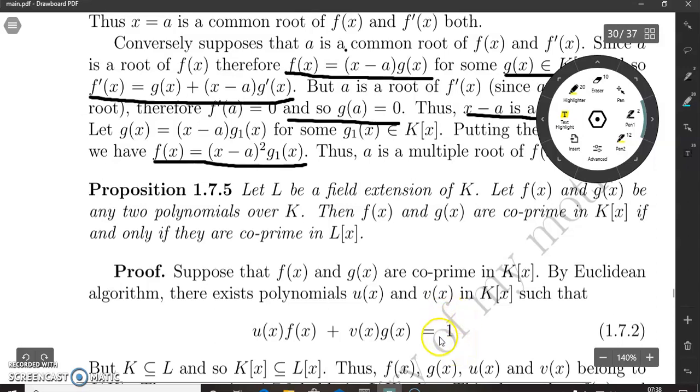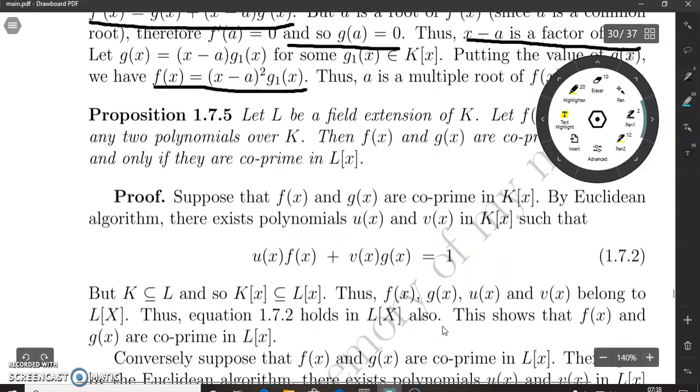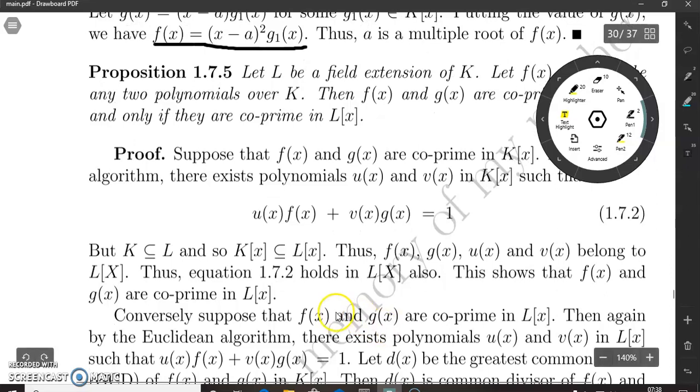Because f(x) and g(x) are co-prime, so the GCD is 1. Now observe that L is a field extension of K. It means K is a subfield of L, and so the polynomial ring K[x] will be a subring of the polynomial ring L[x].